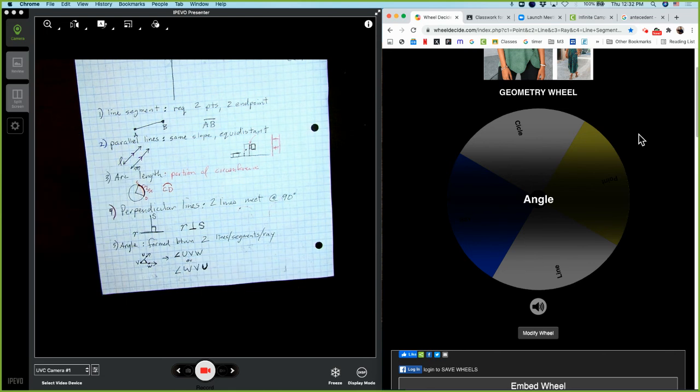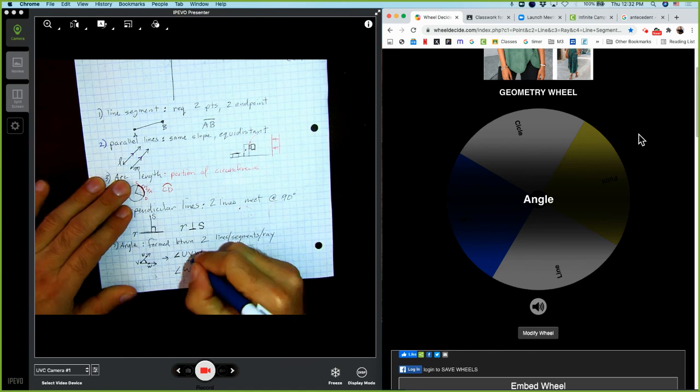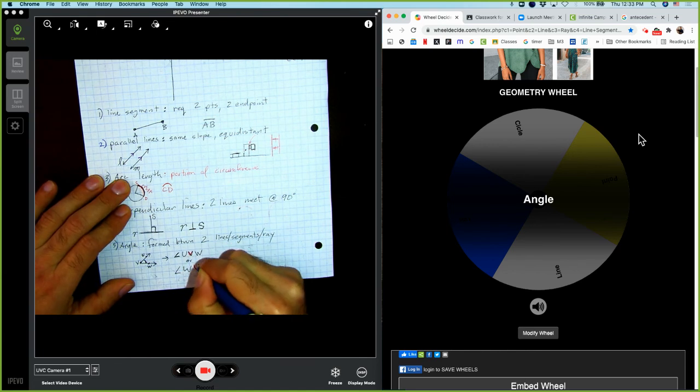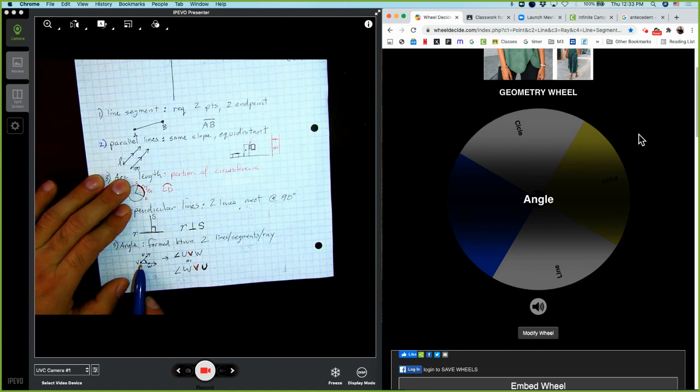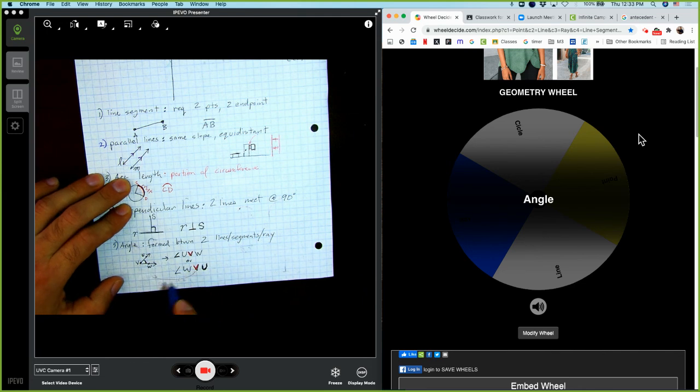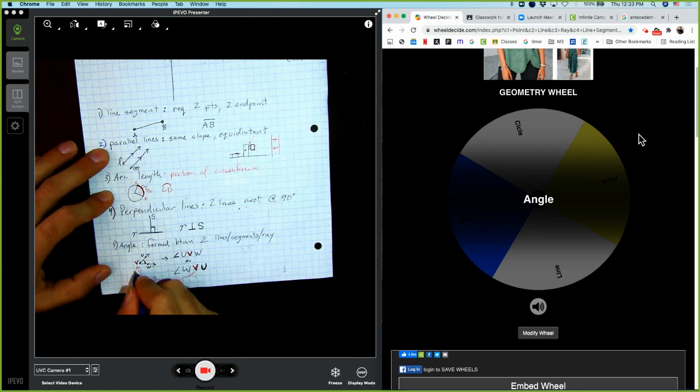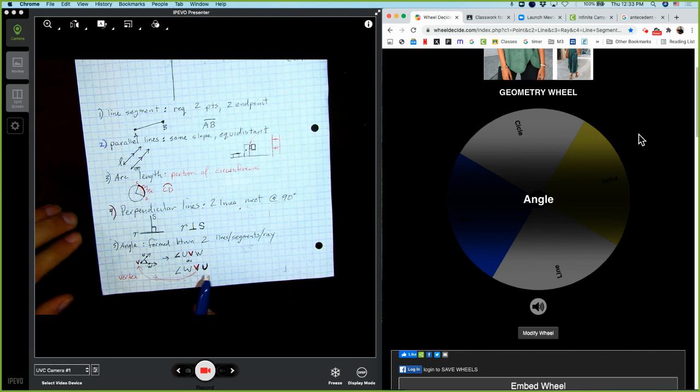And where is it? Yep, Jatavi said V is in the middle. V is in the middle for a reason. I could say WVU or UVW, but the main thing is that V is in the middle because it is the vertex. And I even made it V. This is awesome. I'm going to go ahead and write that. Vertex. The vertex has to be noted in the middle.